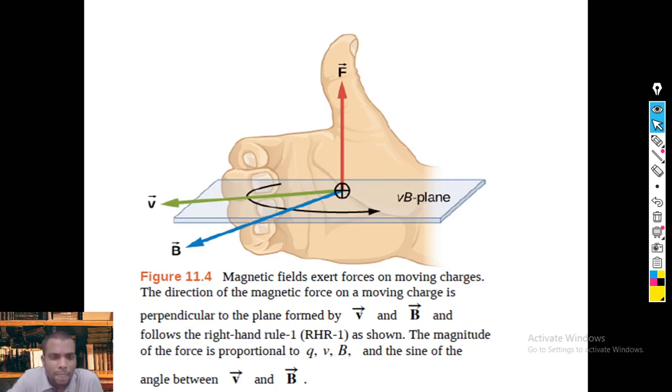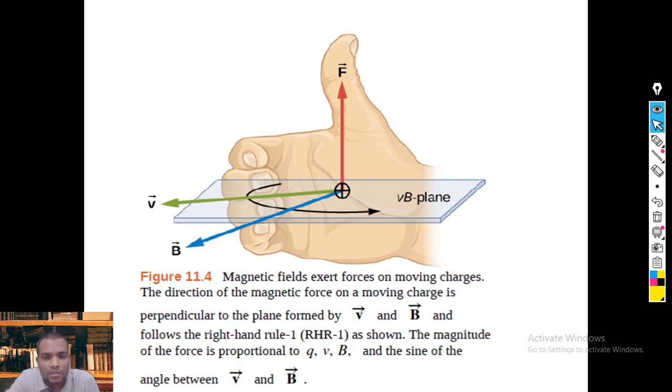Because the velocity and magnetic field, they both are interacting. Suppose it is a positive charge, the magnetic field exerts force on moving charges, and to find the direction of magnetic force on a moving charge, that force is always perpendicular to the velocity and magnetic field plane.